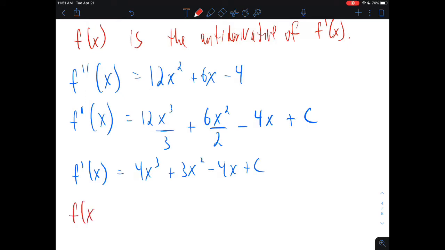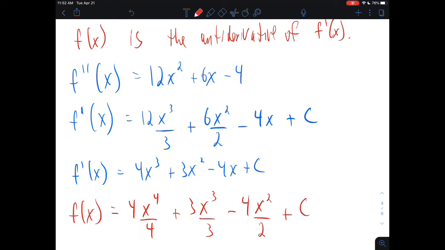So f of x is equal to, this will be 4 times x to the, again, increase the power, but then divide by the new power, plus 3 times x squared, again, increase the power to x cubed, but divide by the new power, minus 4 times, instead of x to the first, it's now x to the second, but divide by the new power, plus c is a constant, and the antiderivative of a constant is just c times the independent variable, in this case x.